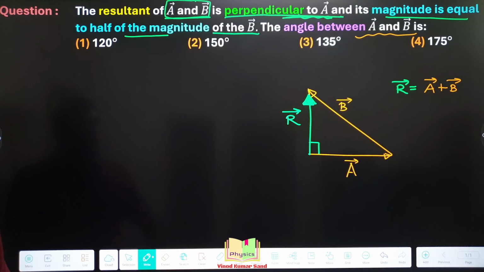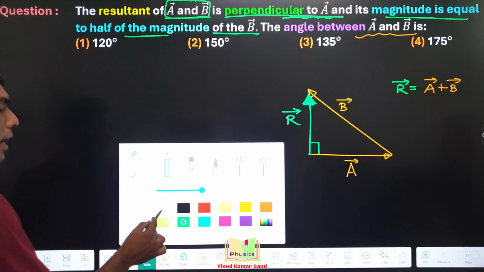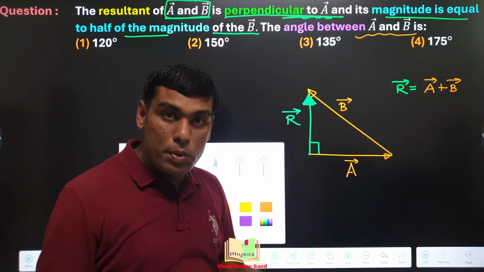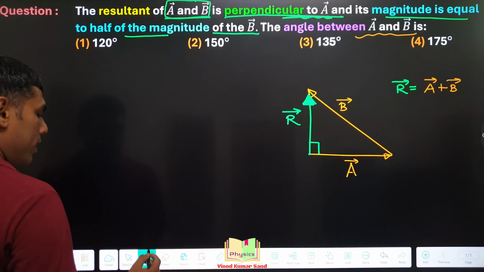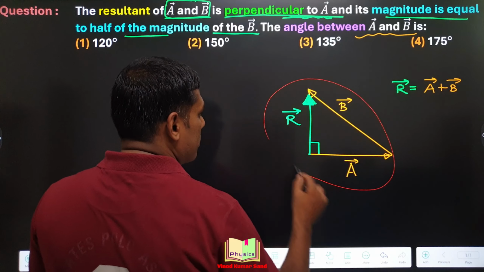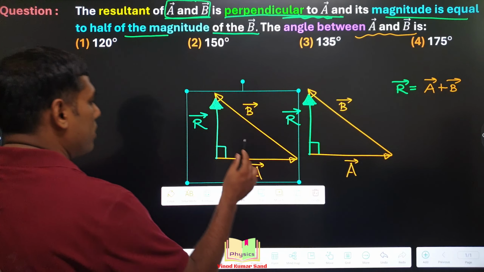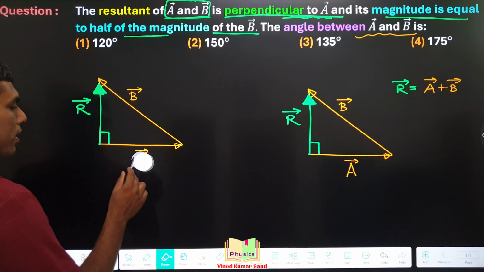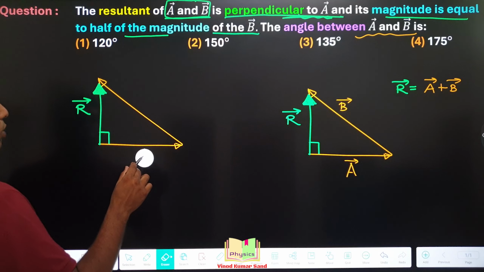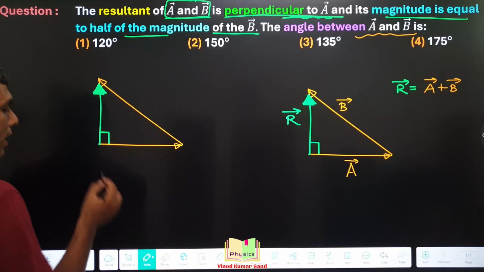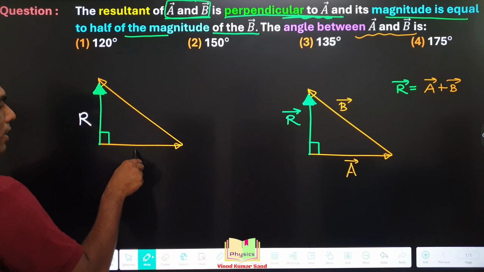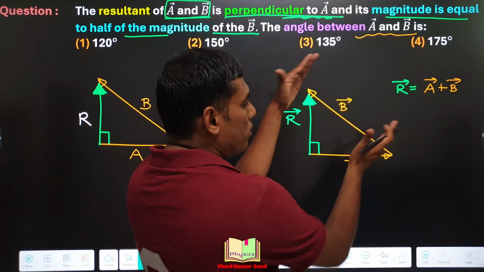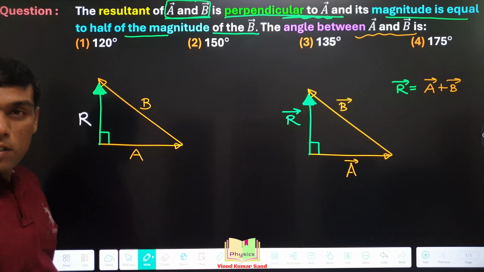Now the question says that the magnitude of the R vector is half of the magnitude of the B vector. I am drawing it again. Let us take this, we clone it, we put it here. We have this length as R, this length as A, this length as B. Magnitude of the vector gives the length of this ray.